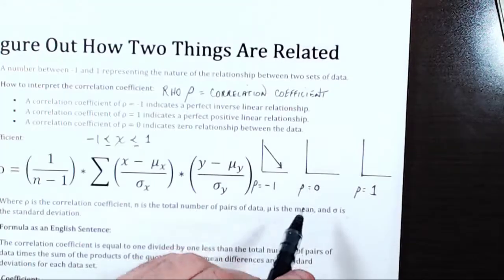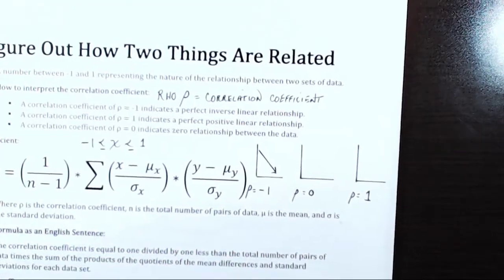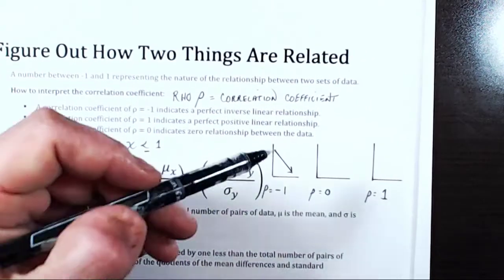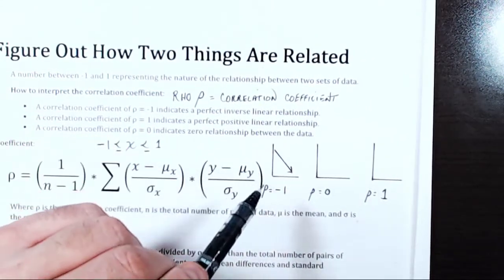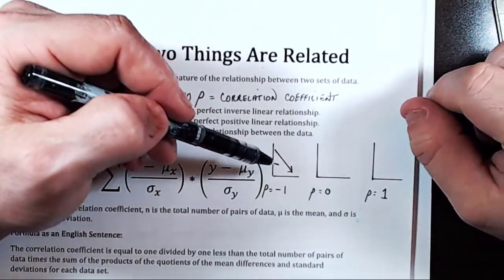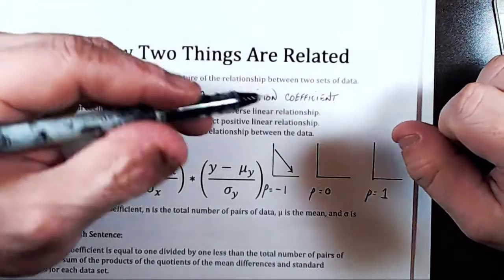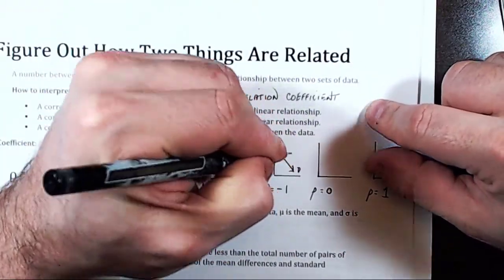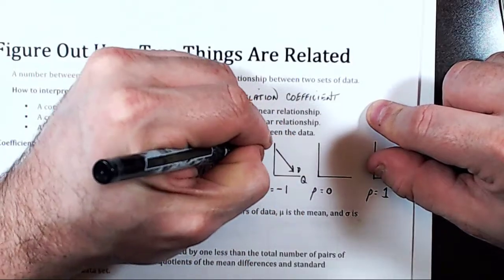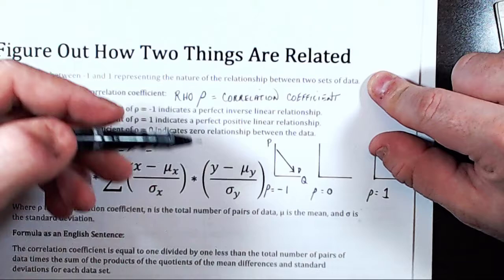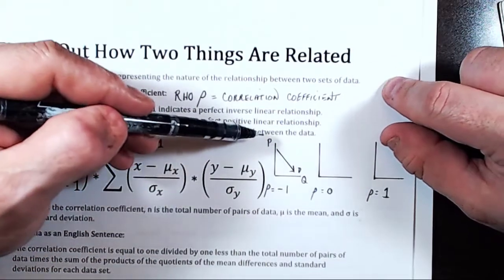I'm going to skip the 0 for just a moment, but I'll give you an example of some data that are negatively correlated. In economics, demand has a negative correlation. The quantity demanded, if this is demand, and this is quantity, and this is price, the quantity demanded varies inversely with the price.